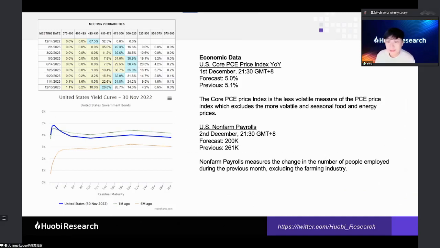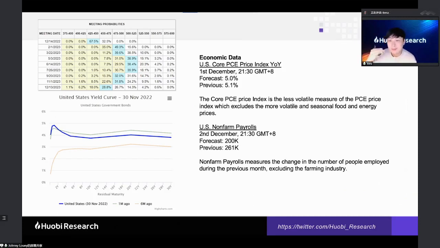It sets the bar really low, right? If payrolls are high, it means the labor market is really good, which means the Fed can afford to hike 75 basis points.